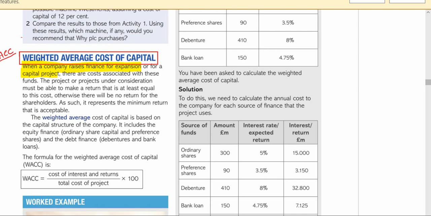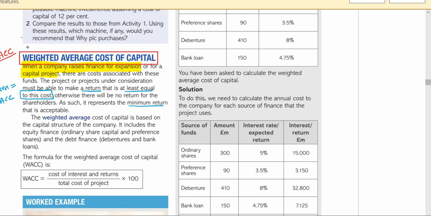The project return must be equal to WACC, otherwise there will be no return for the shareholder. As such, it represents the minimum acceptable return.